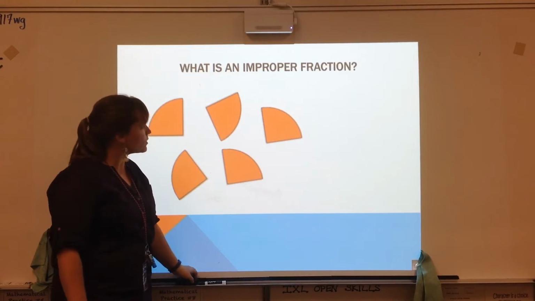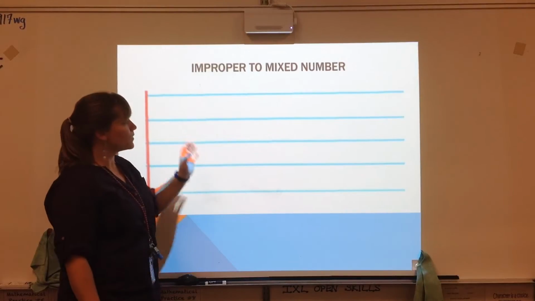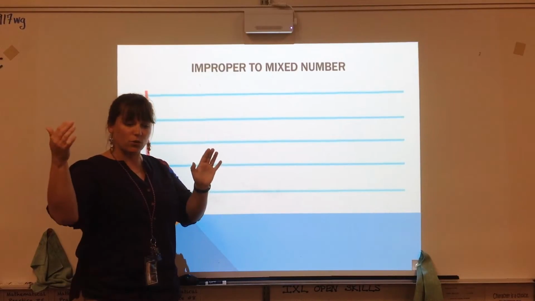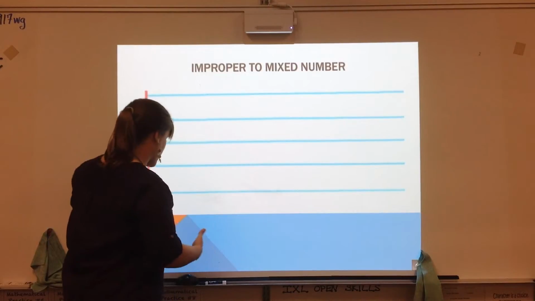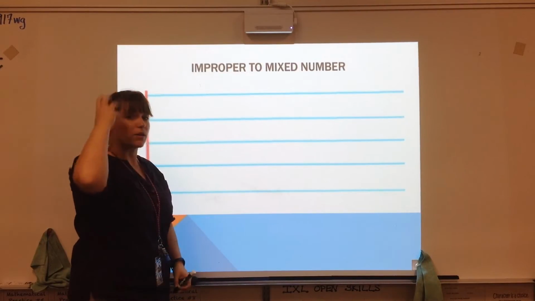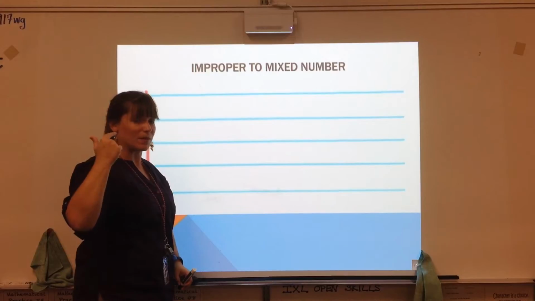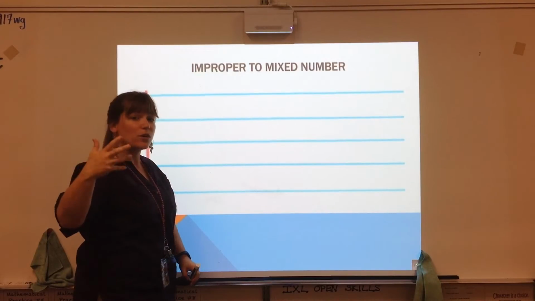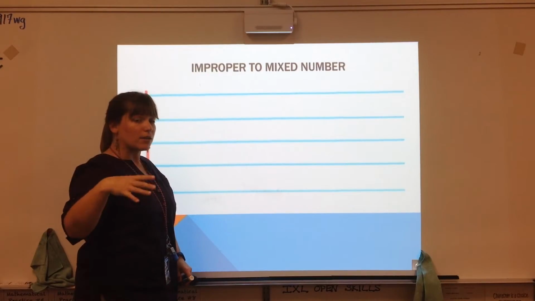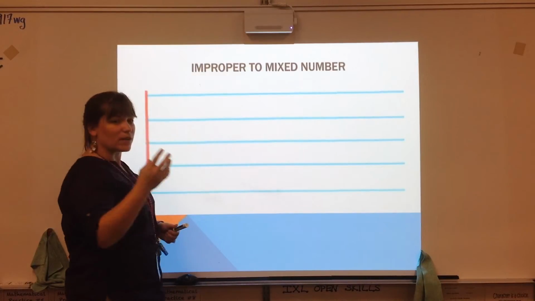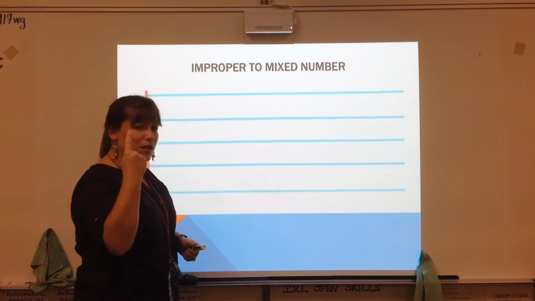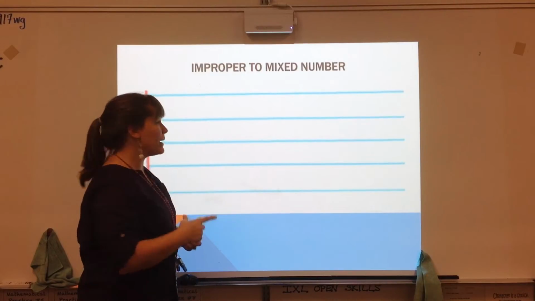So now we're going to go on to the notes. Open up that first door. When you have an improper fraction, you'll always have the numerator bigger than the denominator. If you think of my picture, there were 5 orange pieces, so the 5 would be in the numerator, and the 4 would represent how many pieces it would take to make that one whole pie.